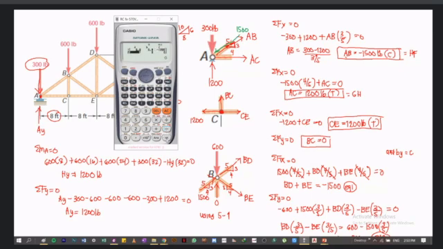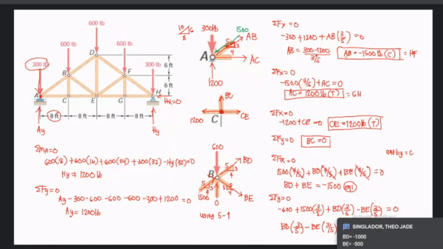And then enter 3/5, that's 0.6, and -0.6 for BE, -3/5, and then this is negative 300. So the answers are 1,000 and 500, negative both.